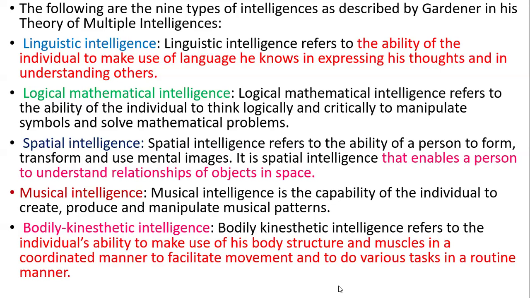Sometimes we have to think logically and critically. If we are given a mathematical problem, we have to think logically how to solve it. Otherwise, we can't memorize it by heart and do it. We have to think logically to work out the sum.